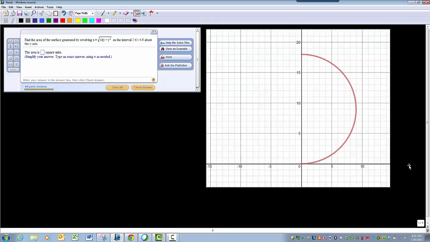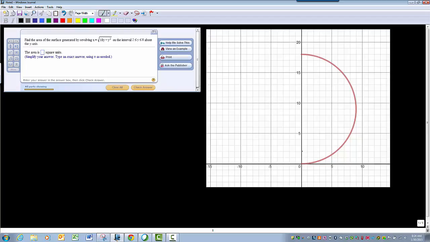So what we need to do is rotate this guy around the axis, and we only need to go from 2 till 8. Let's go ahead and mark those out in here. I'll do it in black.